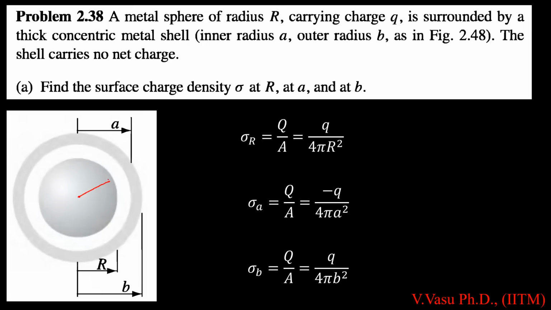The sphere carries the charge q, and there is a metal outer concentric shell for which the inner radius is a and the outer radius is b. The net charge on the shell is 0.